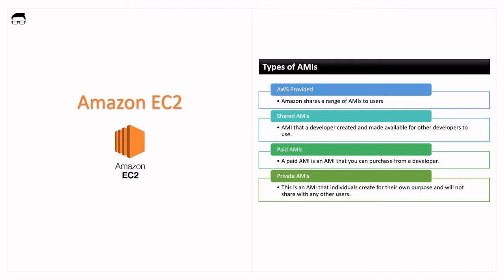Shared AMIs are shared by other users or developers for free. Paid AMIs are similar to shared AMIs, but they are not free. We need to pay a price to purchase that AMI. Private AMIs are created for individual purpose or for a specific project purpose and not shared with other users.